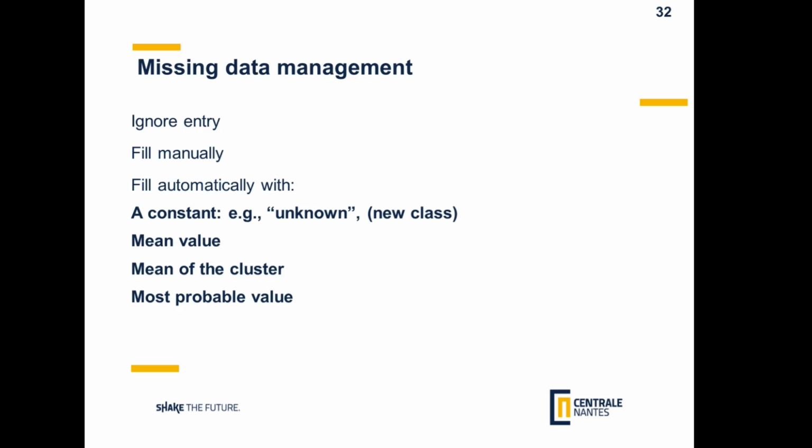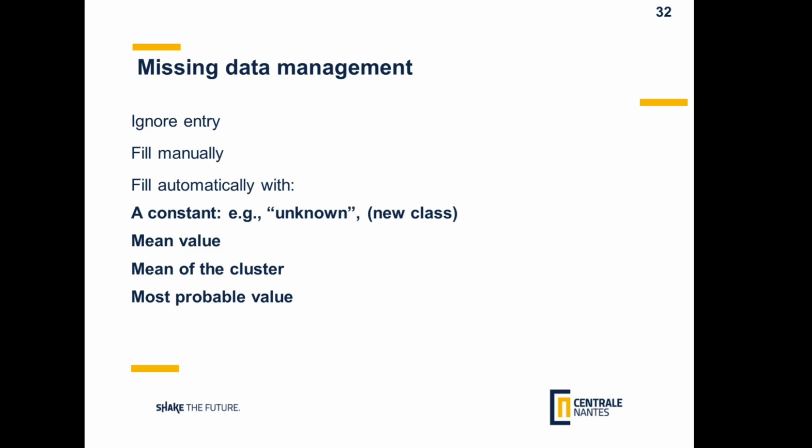So when you have missing data, here are the possibilities you have to choose from to deal with those missing data. You can ignore the entry. You can fill what's missing manually by reaching for the specimen or measuring it again to have the right info.